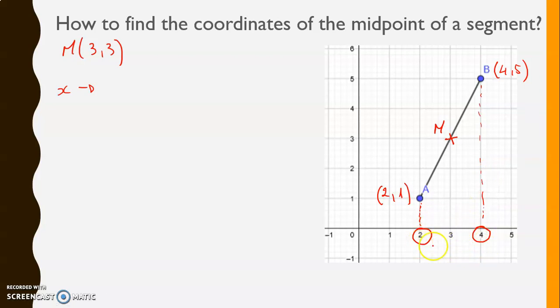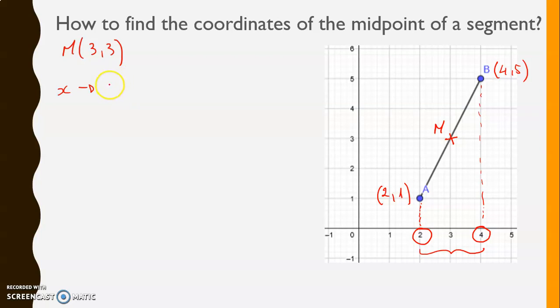Now again, it's very obvious that the midpoint between 2 and 4 is 3. But how can we calculate this algebraically? Well, to work out the midpoint between two numbers, we have to work out the mean of those two numbers.